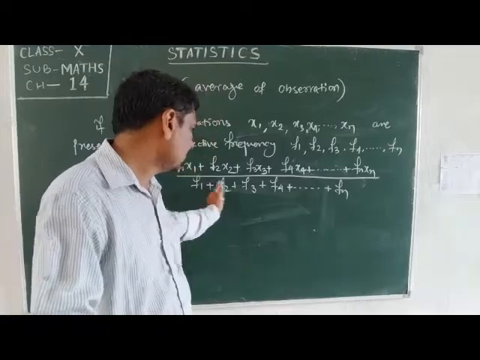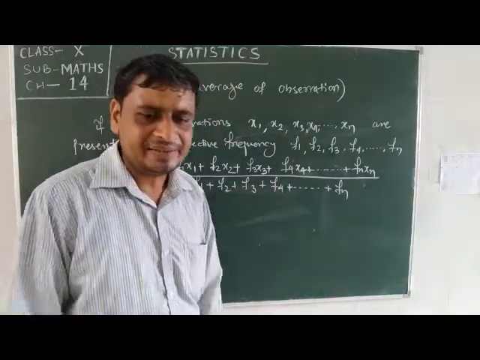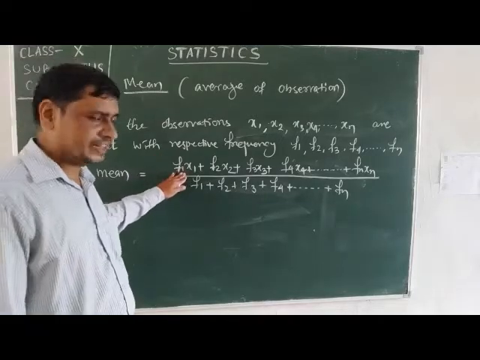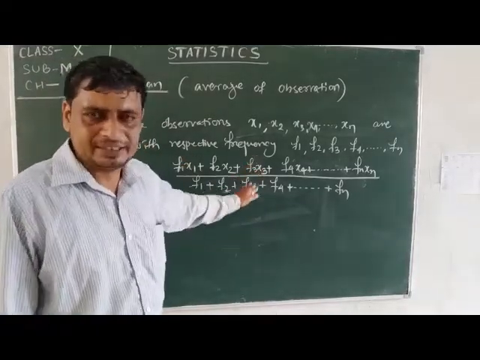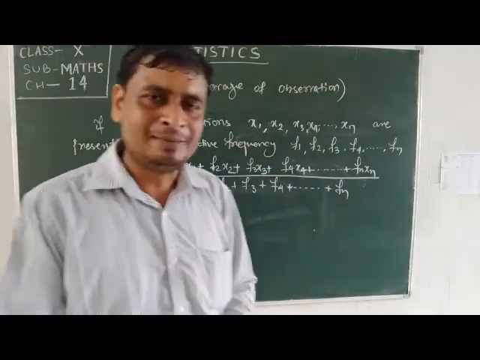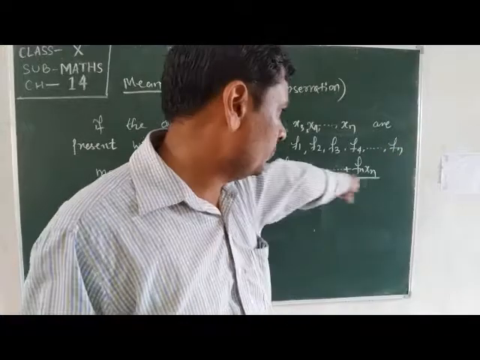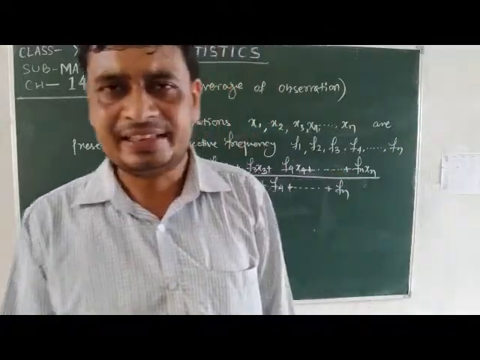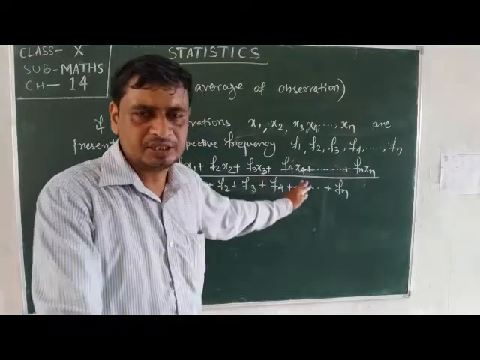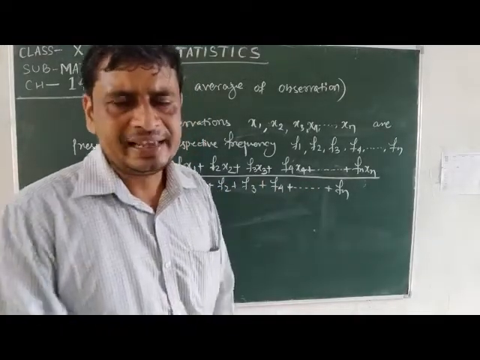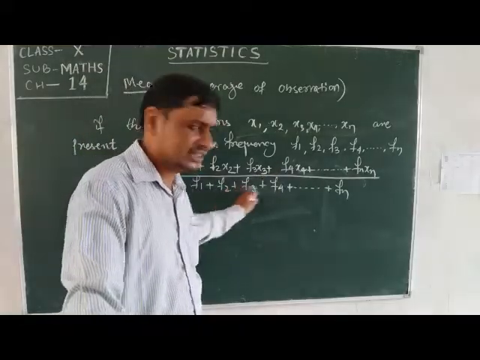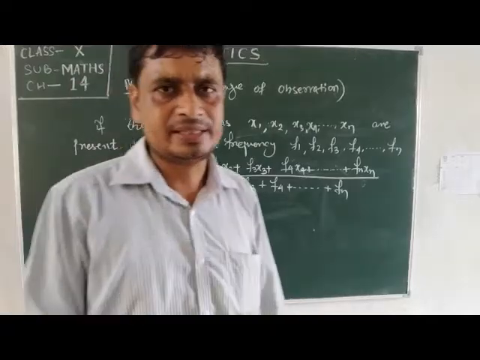Here the mean becomes equal to f1 x1 plus f2 x2 plus f3 x3 plus f4 x4 plus f5 x5 plus f6 x6 plus up to fn xn, whole divided by f1 plus f2 plus f3 plus f4 plus f5 up to fn. It is the sum of the observations divided by the total number of observations.